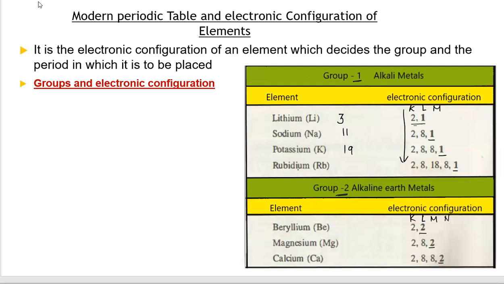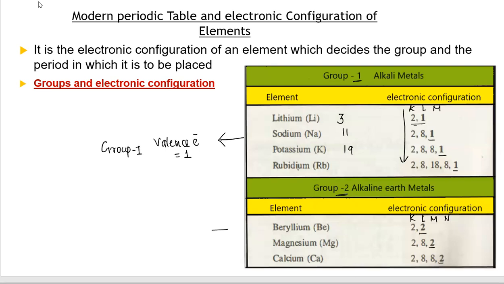Lithium, sodium, potassium, rubidium: the outermost valence electron is equal to 1. So they belong to group 1.